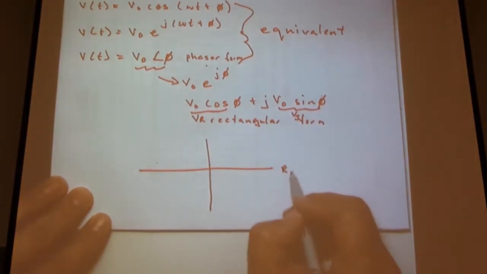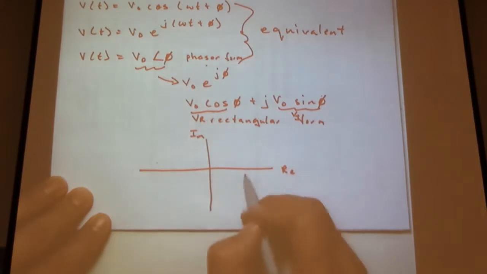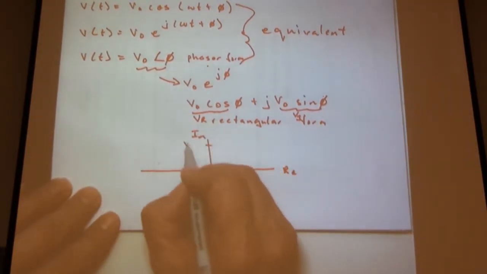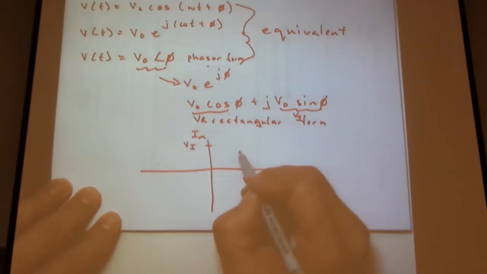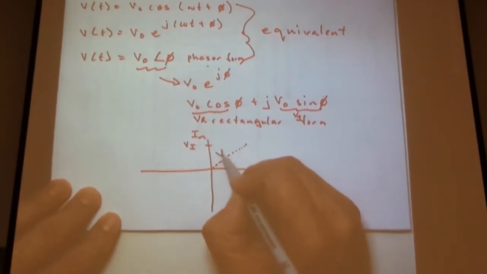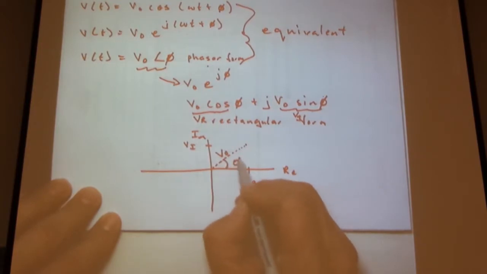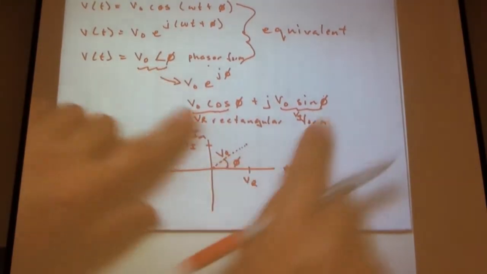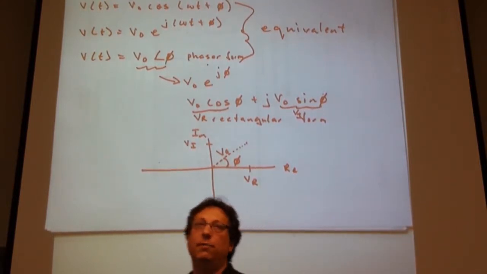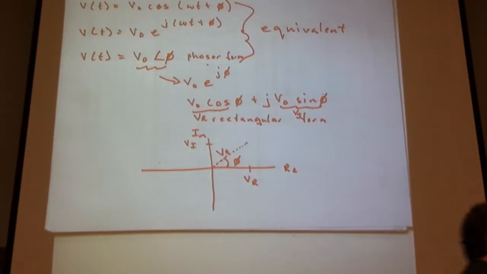I tend to draw things in the first quadrant, but they can be in any quadrant. Don't get used to that. There's V imaginary. And then this length is V naught, and this angle is phi. And these are these terms respectively. And again, that was in the lab. You have a nice table that walks you back and forth between the conversions.